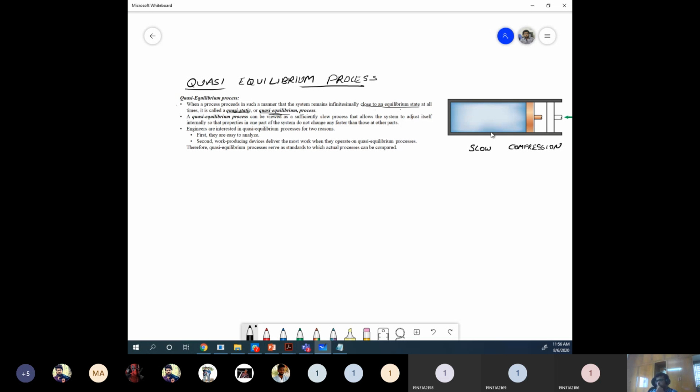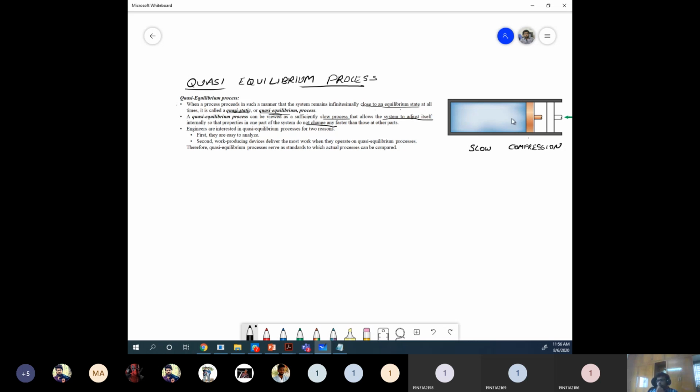If you are moving it slowly, then the process is quasi-equilibrium. Quasi-equilibrium can be viewed as a sufficiently slow process that allows the system to adjust itself internally, so that properties in one part of the system do not change any faster than in other parts.